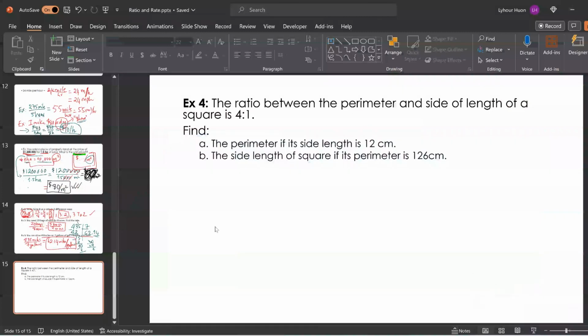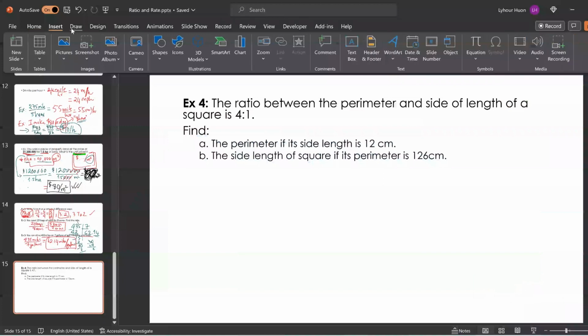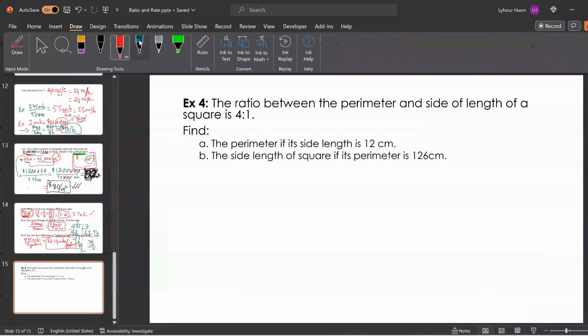So last exercise, we were asked to write the ratio. I think we divide 126 by 12. Wait, question A is the perimeter. Find the perimeter. Oh, I thought you were telling me to find the width.